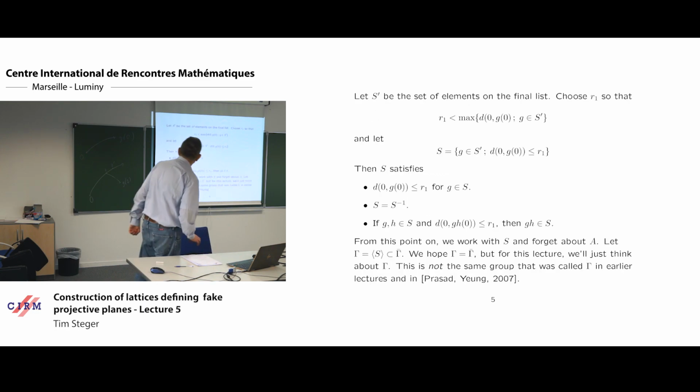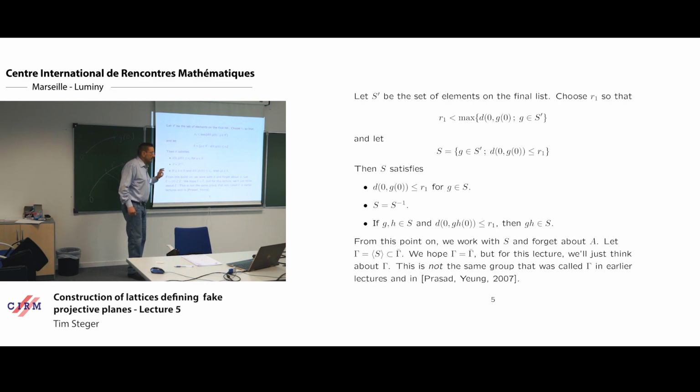So more precisely, if S prime is the set of elements in the final list, let's choose some limit which is a little bit less than the maximum value. And let's look at all elements which are in our list and no bigger than that. And so that set is going to have the following three properties.